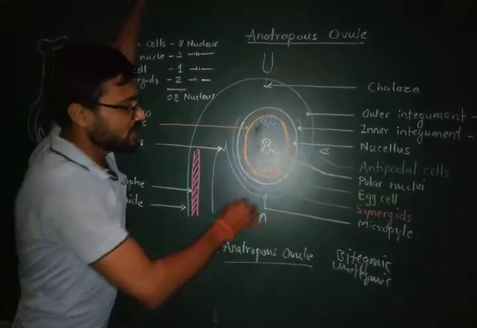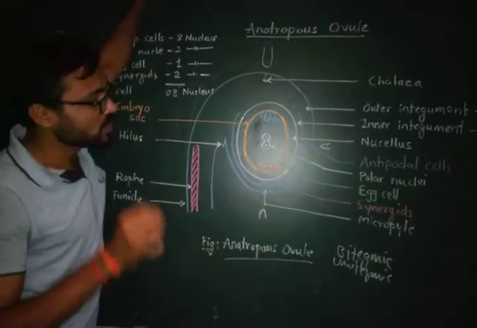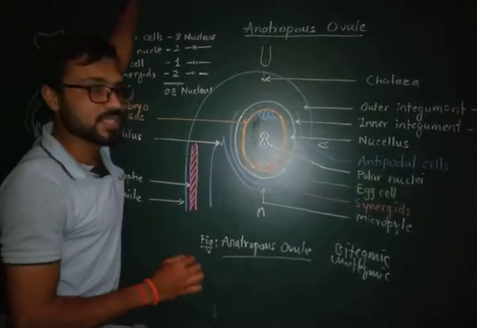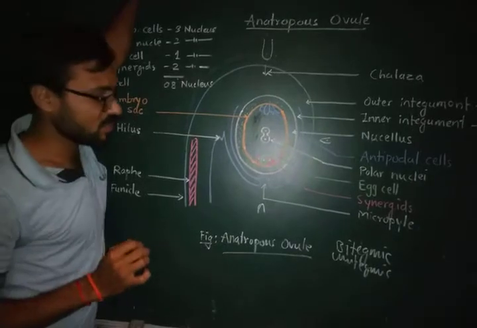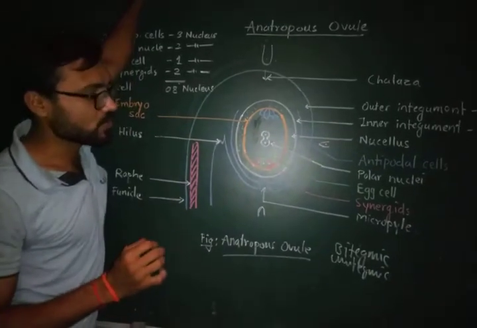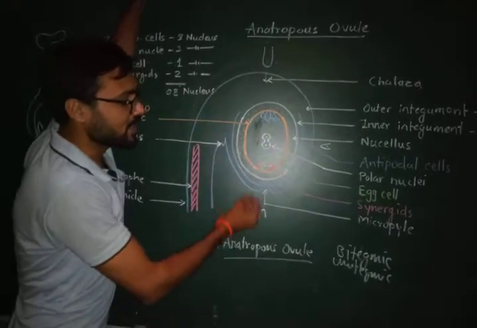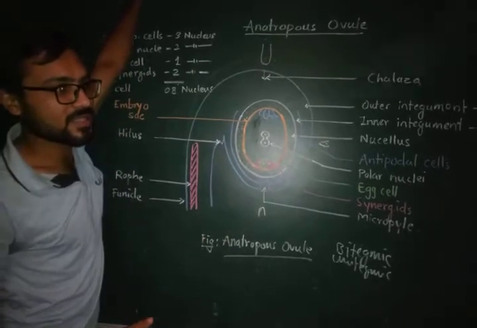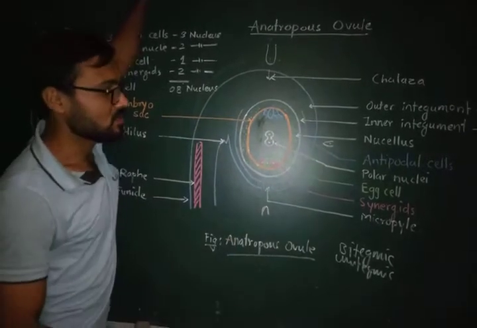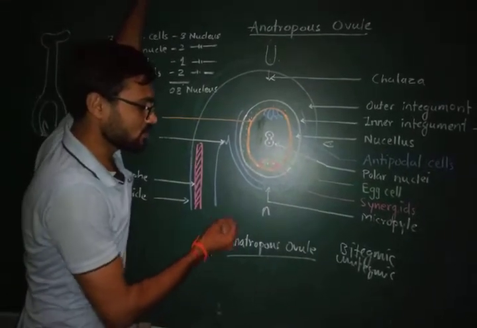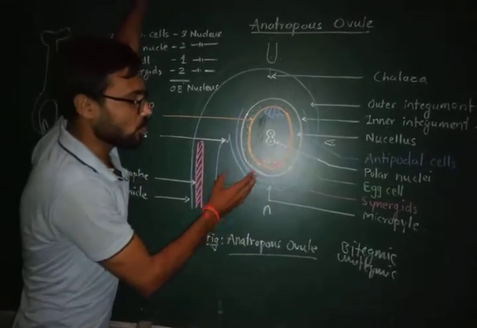These integuments have one pore. In most cases, particularly 80% of angiosperms show the anatropous ovule, which has a micropyle on the lower side, that is the bottom side.